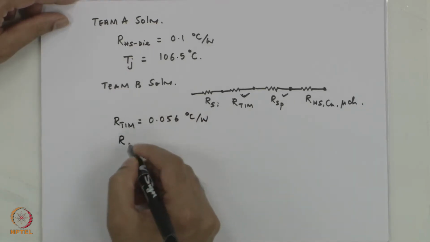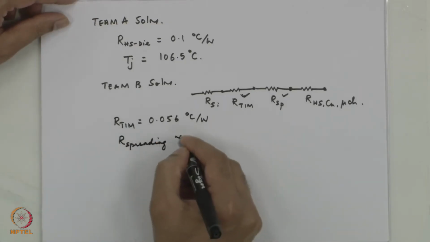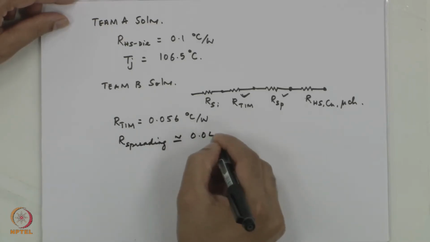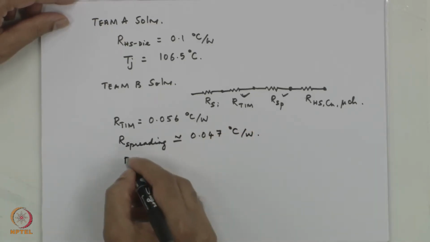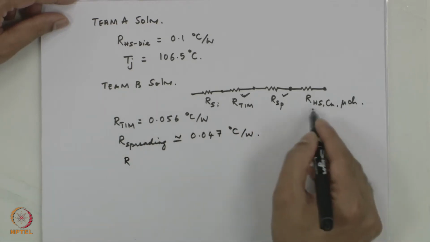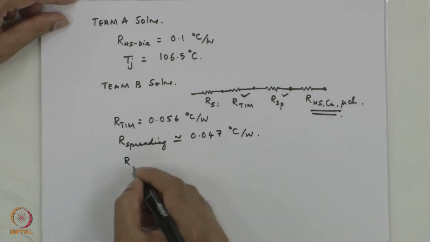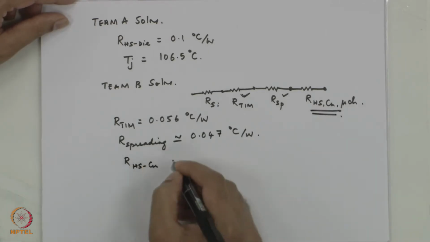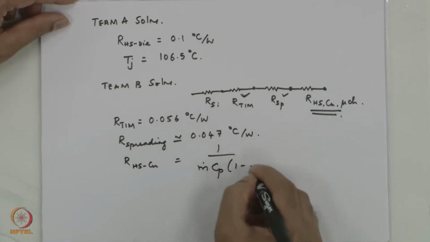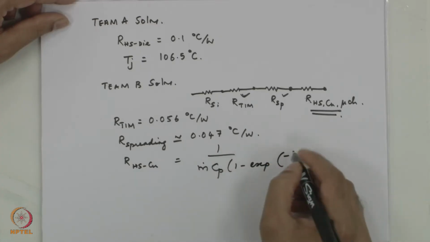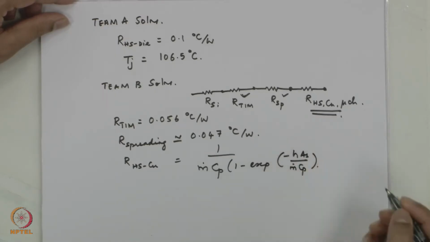The spreading resistance, using the formula we discussed previously, is also known or can be easily calculated, and it is found to be 0.047 degree C per watt. The cold plate or the heat sink resistance that was enabled on the copper can also be calculated. The only difference is that we use the same relationship, 1 by m dot Cp times 1 minus exponential of minus h A by m dot Cp.